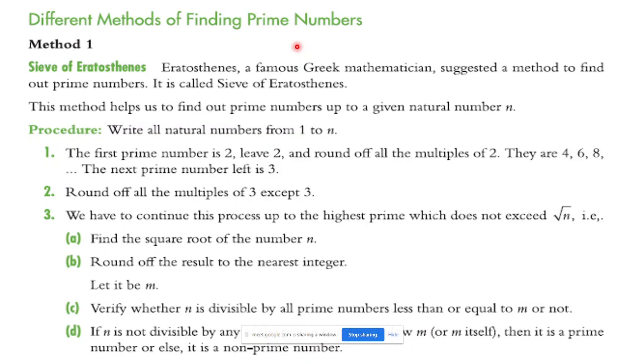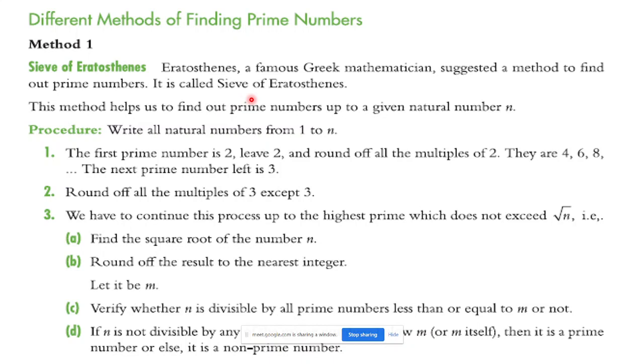Eratosthenes, sieve of Eratosthenes. Yes or no, my children? Do you remember that sieve of Eratosthenes? In that method, he is a famous Greek mathematician, suggested a method to find out prime numbers.